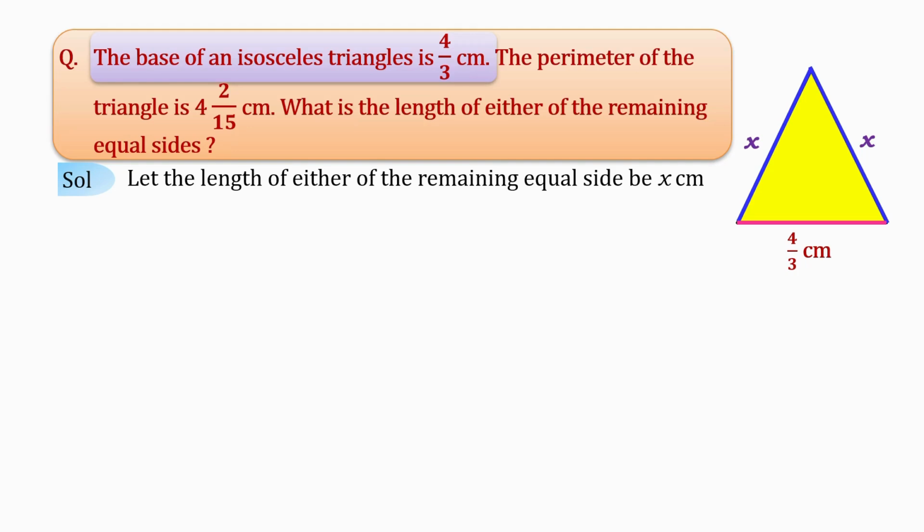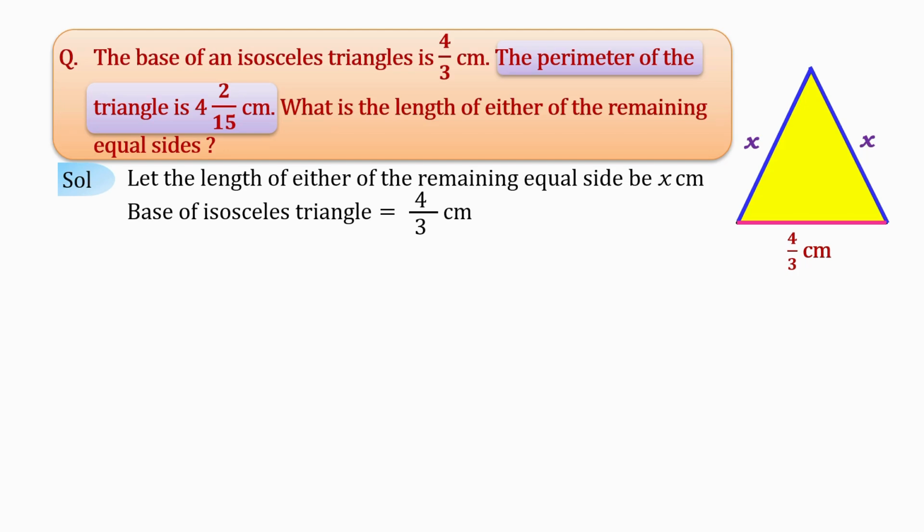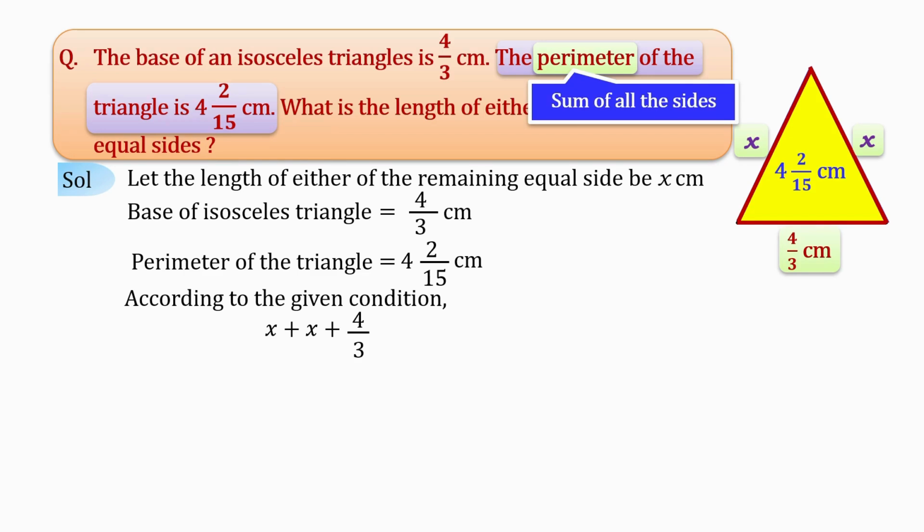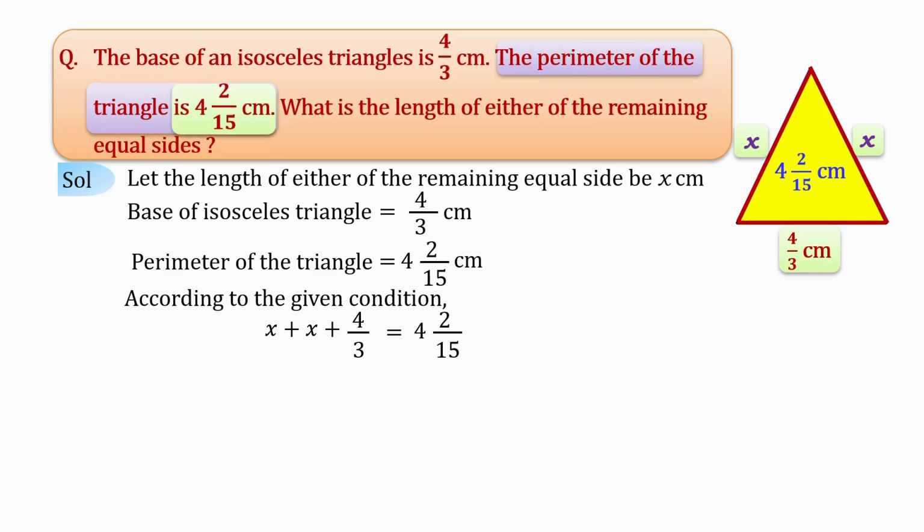So that is 4 by 3 centimeter. Now perimeter is also given. So we know that if we add all the sides, that will give you the perimeter. So perimeter means adding all the sides, sum of all sides. So x plus 4 by 3, that is equal to 4 2 by 15.